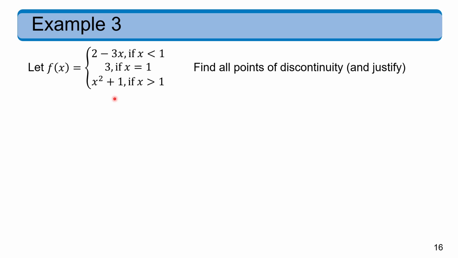But with piecewise functions, any x value where you jump from one formula to another has the potential to be discontinuous at that point. And you can see it's at x coordinate 1 where, if you're on either side of 1 or if you're at 1, it determines the formula. So there's a possible discontinuity at x coordinate 1, but we need to determine if it actually is continuous or not there.